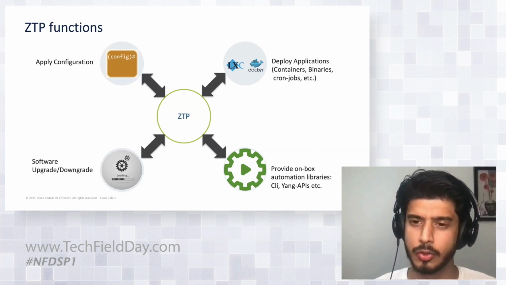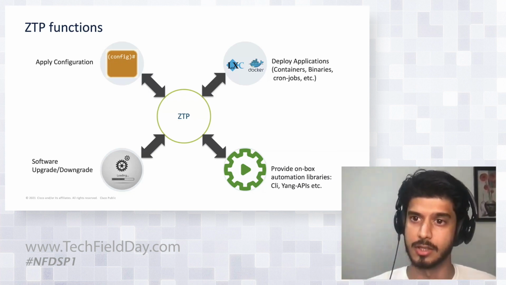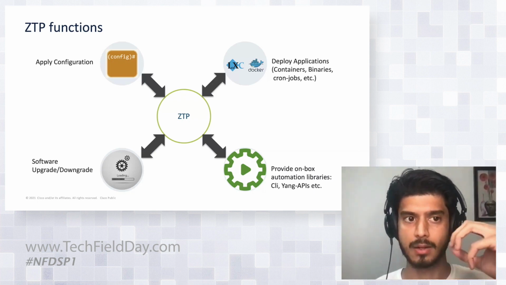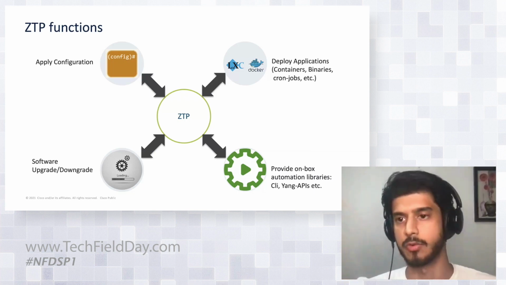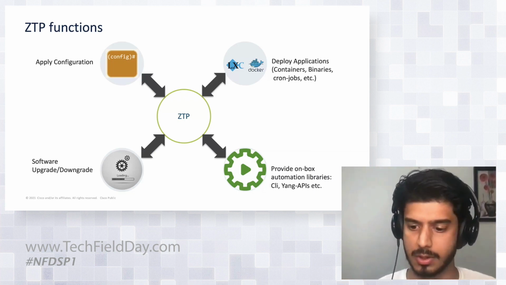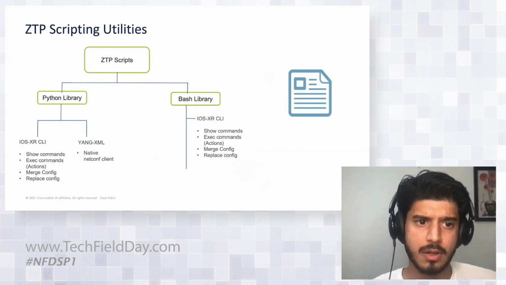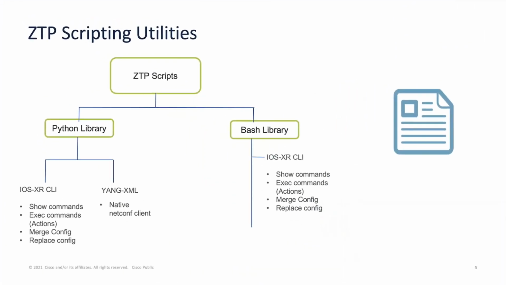And it depends on you in terms of the amount of complexity you want to have on day zero versus day one or above. So if you want to pack, let's say, NSO into your workflow, you typically have a ZTP script followed by NSO, bringing in the entire shebang of what you want to run on the device. And as I mentioned, we have a well-established Python and Bash library available on the box.